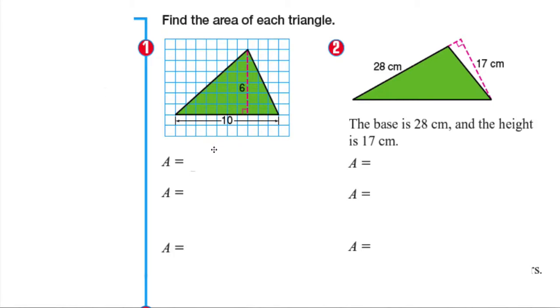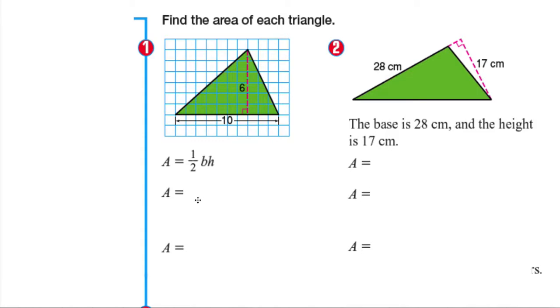Example 1, we want to find the area of that triangle. The base is given as 10, and the height is perpendicular. The length 6 is perpendicular to the length of 10, so that should be the height, and 10 should be our base.